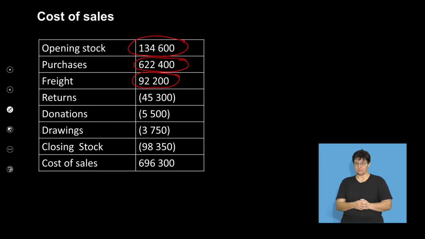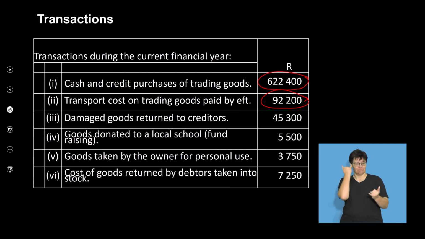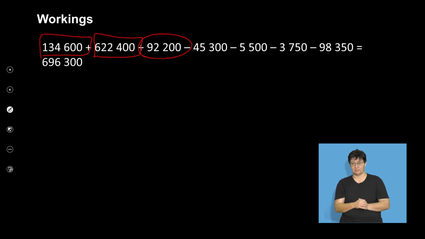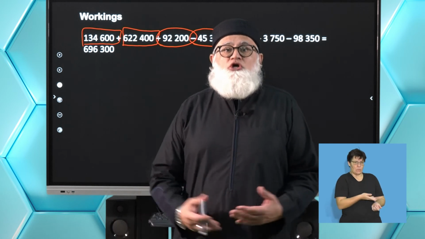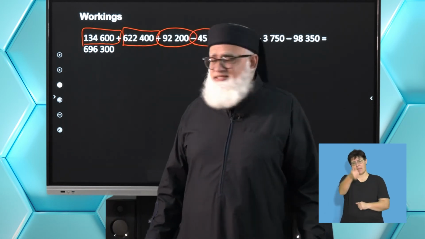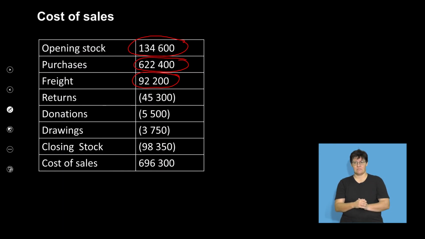Next one that we have here is the damaged goods returned to creditors 45,300. Watch, in my calculation, it's a minus. Why? Because those goods were sent back to my suppliers. They were damaged goods, so they had to be returned to my creditors. In my table calculation, there's my return shown in brackets to indicate that I have returned those goods to my suppliers.